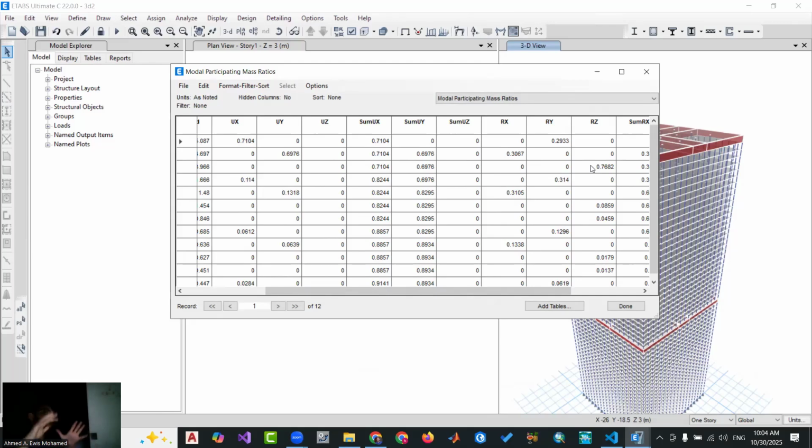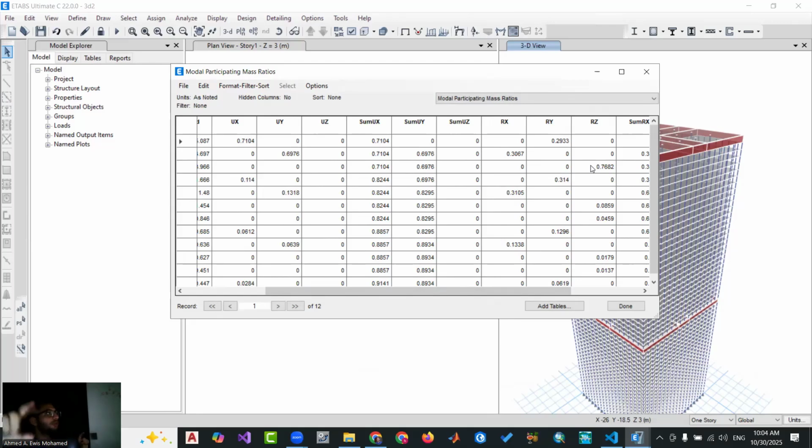Look, guys, here we are caring about the horizontal seismic, because we have two types of earthquake: in the horizontal direction and in the vertical direction. Vertical direction we should include in our study if you have some members with long spans, for example a beam with a very long length.